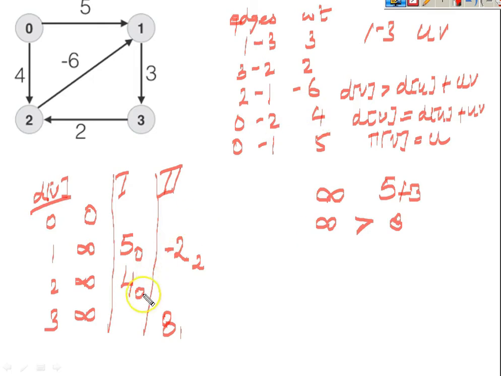So this 4 is not less than 4, so we will not do anything. We will only change when we are going to improve. Improve means if you are going to lessen the d value, then only we can change it. Now 0 to 1, 0 is 0, and 5, 0 plus 5 is 5, and 1 is minus 2. So minus 2 is already less than 5, so we are not going to change anything.